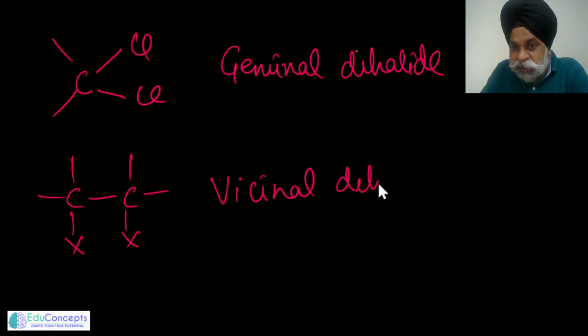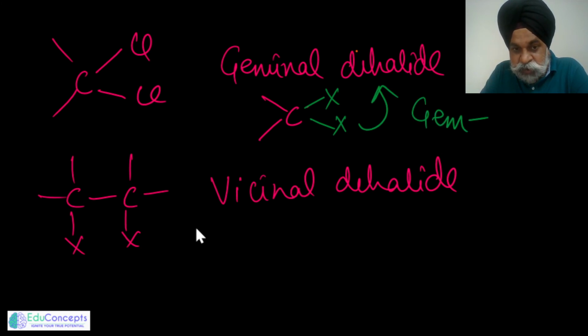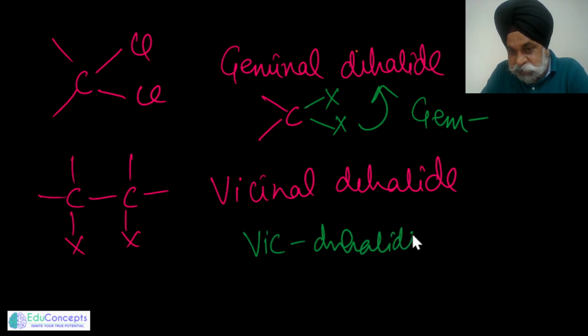This is the common name we generally refer to. When a given carbon has two halogen atoms attached to it, we say gem dihalides or geminal dihalides. And when two halogens are on adjacent carbons, we call it vicinal dihalides or vic dihalides. This is out of the way.